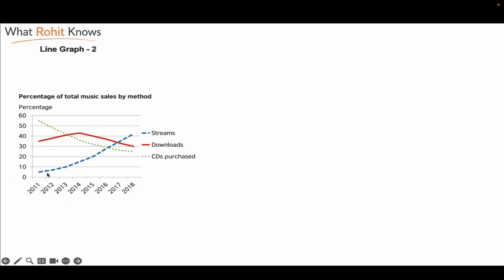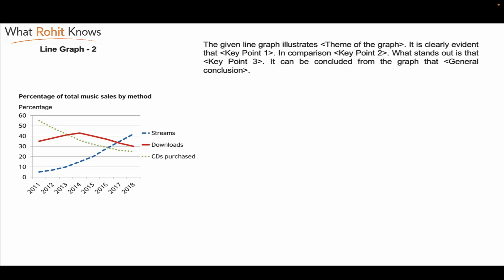So first you have to note the trend individually, how that particular method has been increasing or decreasing. And then you also have to do a comparison between the three. So that's why there is an extra complication here compared to the simpler line graph. The template, however, is pretty much the same.